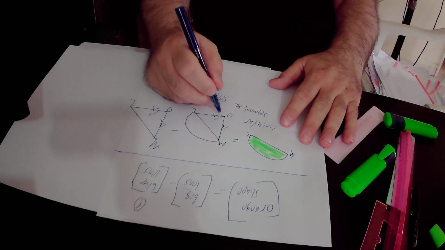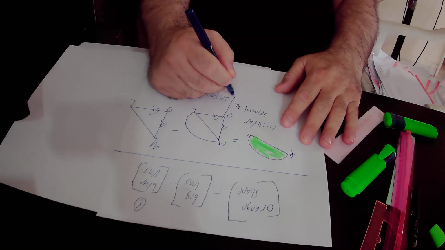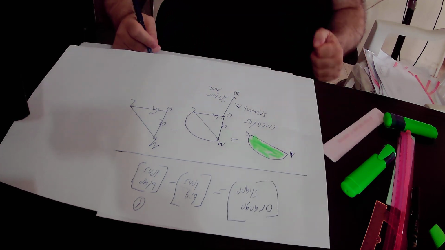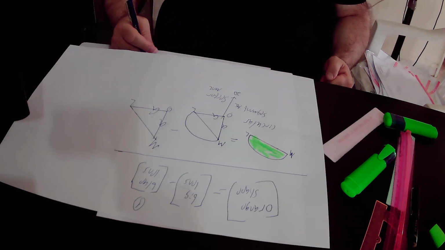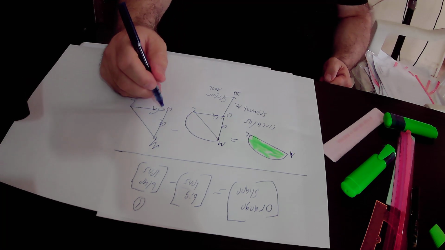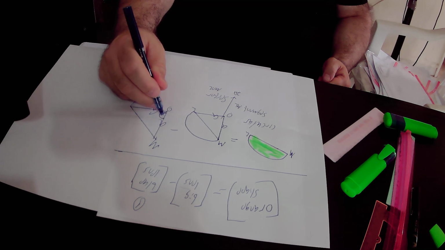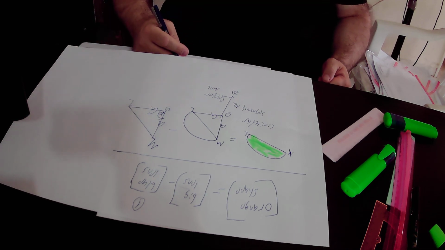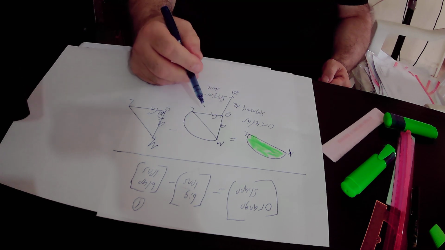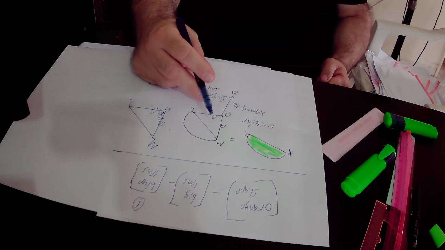I'll write it here: this angle equals 2 theta. So what is the area of sector MOL?